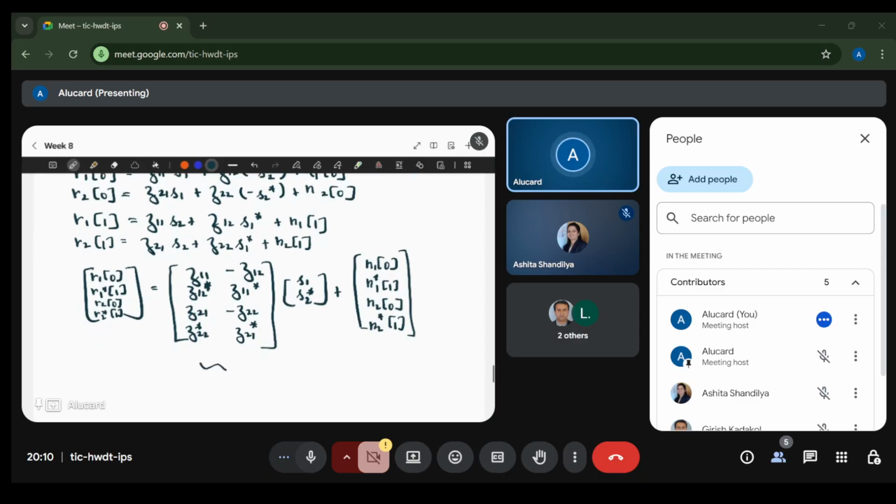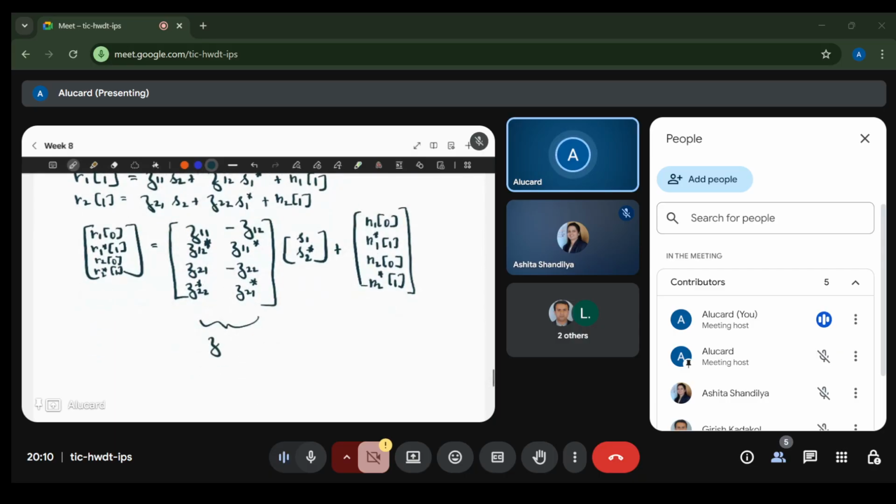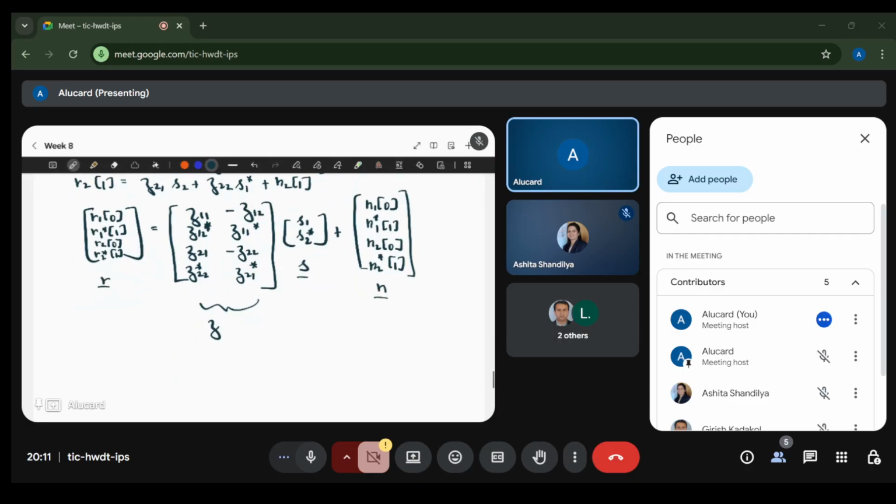So this is your Z matrix. This is S symbol vector, noise vector, and receive vector. So you can write R is ZS plus N.